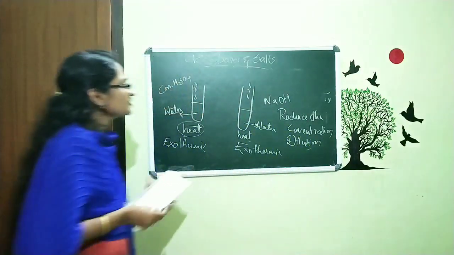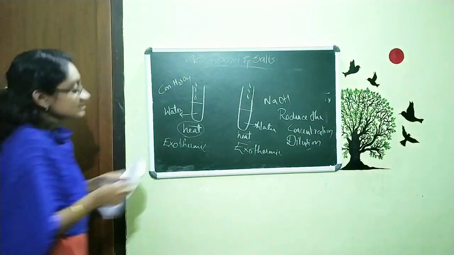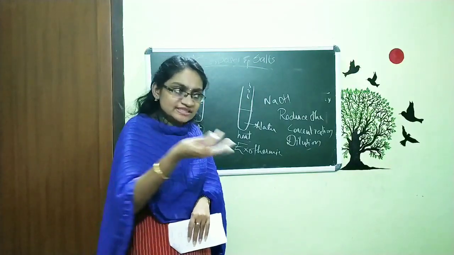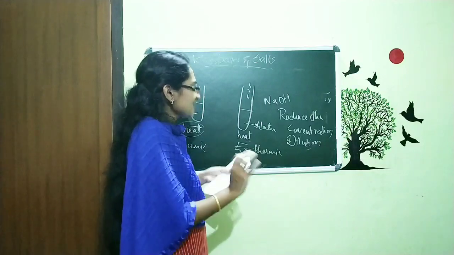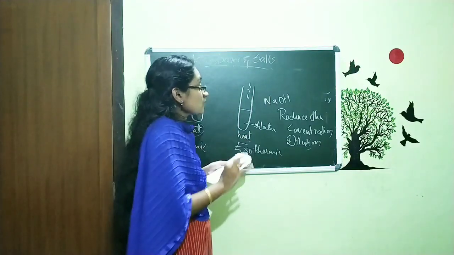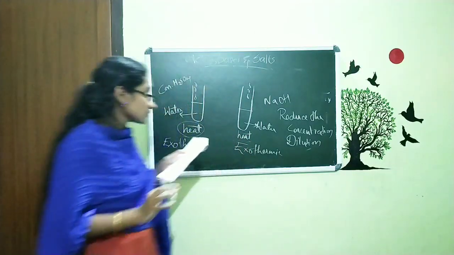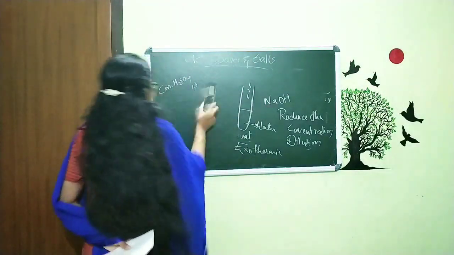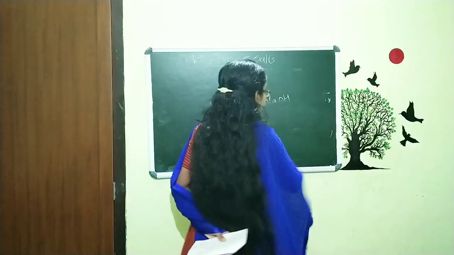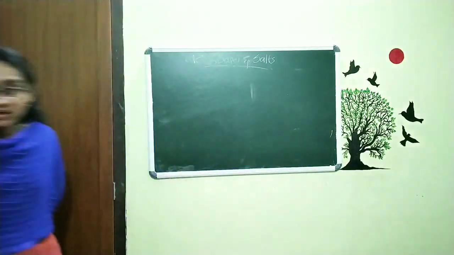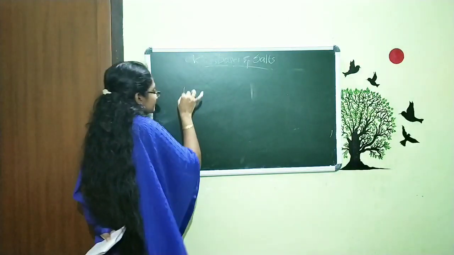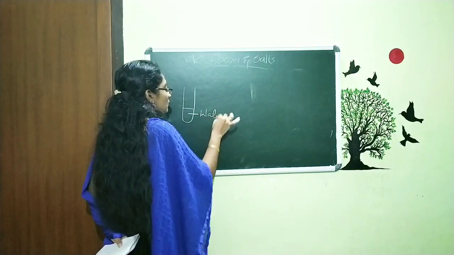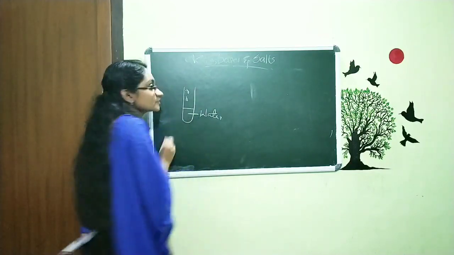So what is this dilution? Dilution means we are reducing the concentration of a certain acid or base. Generally, it is the process of decreasing the concentration of solute in a solution. Within a test tube, we take water and add drops of acid.